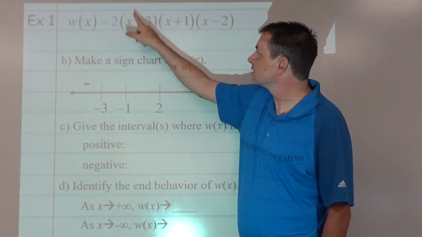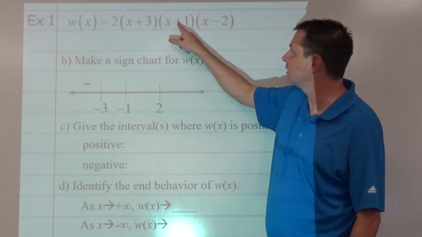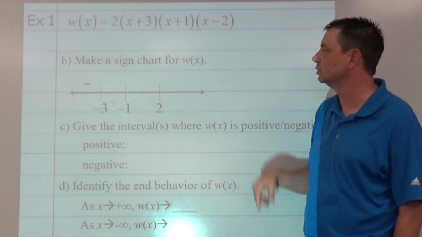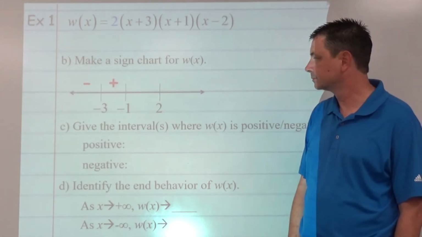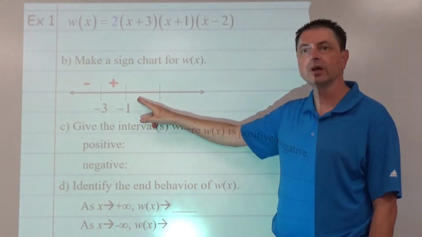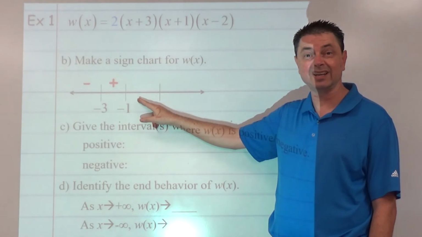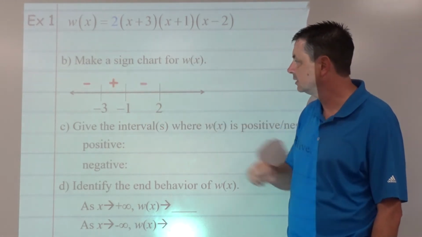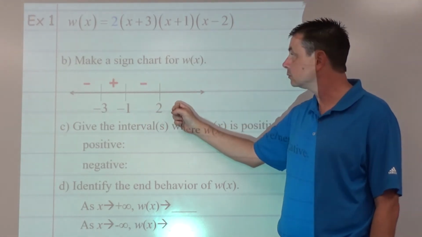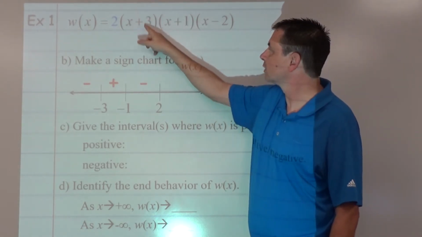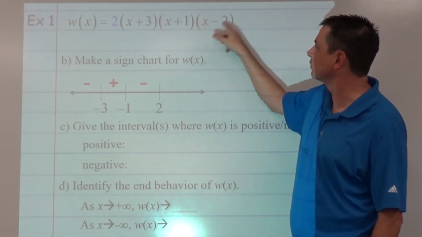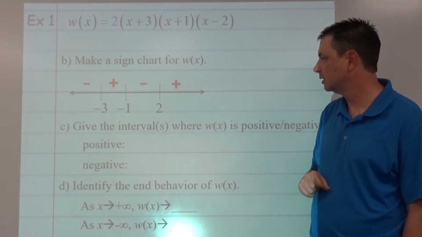So 2 times negative 2 plus 3 times negative 2 plus 1 times negative 2 minus 2. You get a positive. 0. Ooh, we already know that one. 0 comma negative 12, so that one's negative. How about 4? 2 times 4 plus 3 times 4 plus 1 times 4 minus 2, we get a positive.